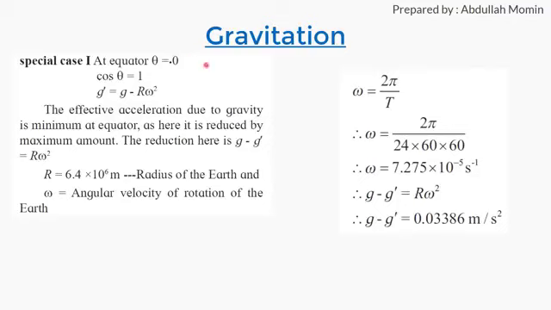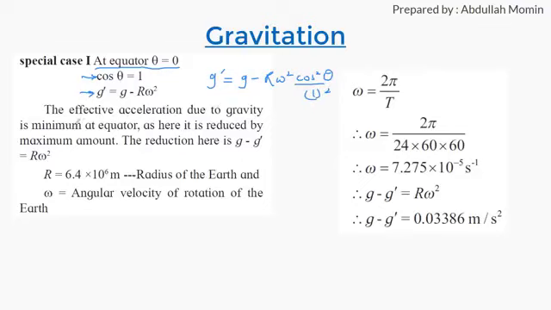Now, if you are at the equator, then theta is 0 and cos 0 is 1. We have this equation g dash is equal to g minus R omega square cos square theta. So this is 1 square, so we get 1.